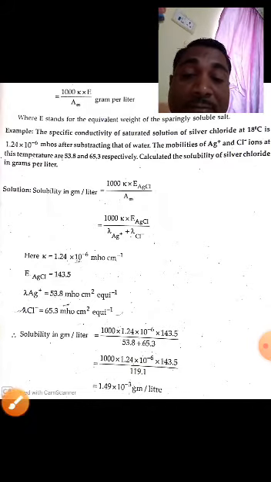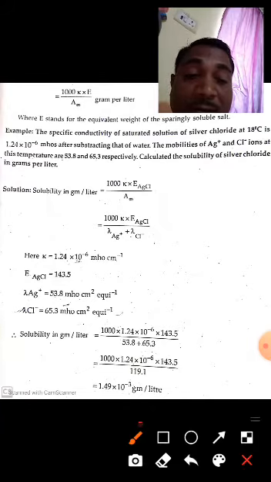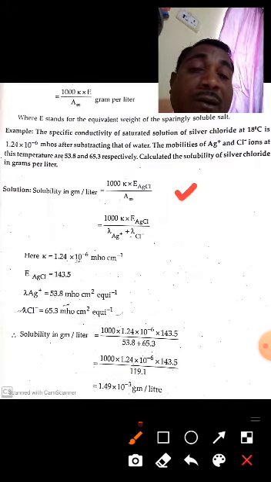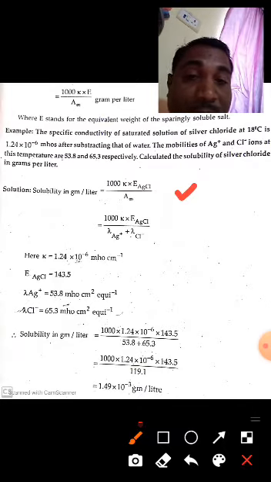We know that the formula for solubility in gram per liter is equal to 1000 into K into E divided by lambda infinity, where K is the specific conductance, capital E is the equivalent weight of AgCl, and lambda infinity is the equivalent conductivity of the electrolyte at infinite dilution.